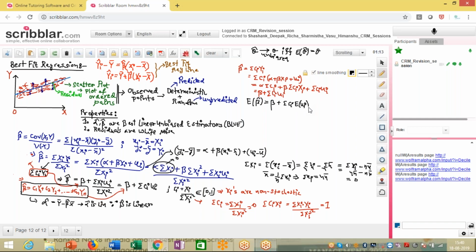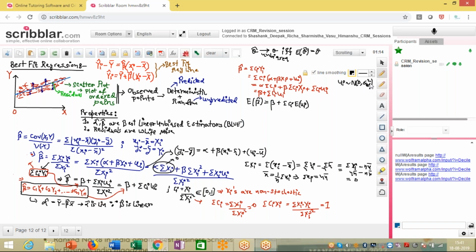Right? Now we know that Ui follows a normal distribution with mean 0 and sigma square u.